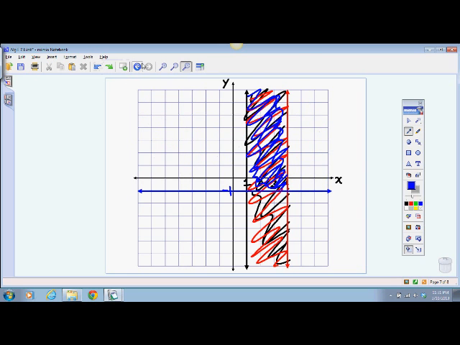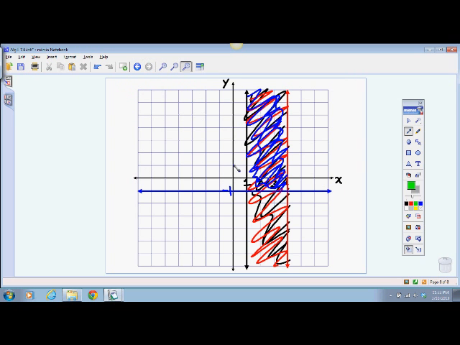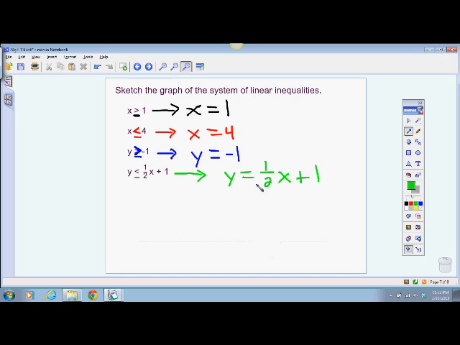The last one is in slope-intercept form. y equals our slope of 1/2 times x plus 1. So our y-intercept is 1. So I come to the y-axis at 1 and put a dot. I then apply my slope from that point. My slope is 1/2.